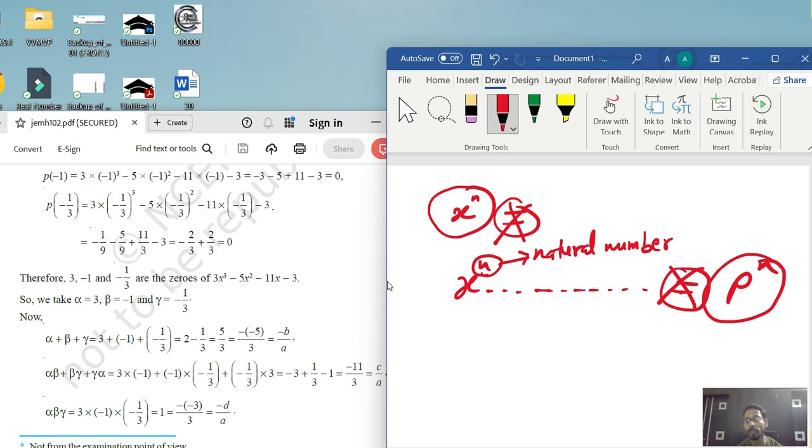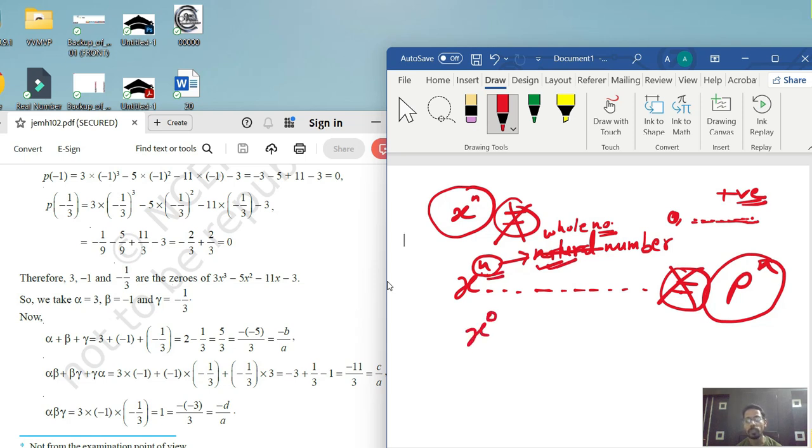What is the meaning of natural number? Starts from 1 and up to infinity. Whole number means what? Starts from 0 and up to anything. Okay, that must be positive. It's better to write here natural because the power must be more than 0.